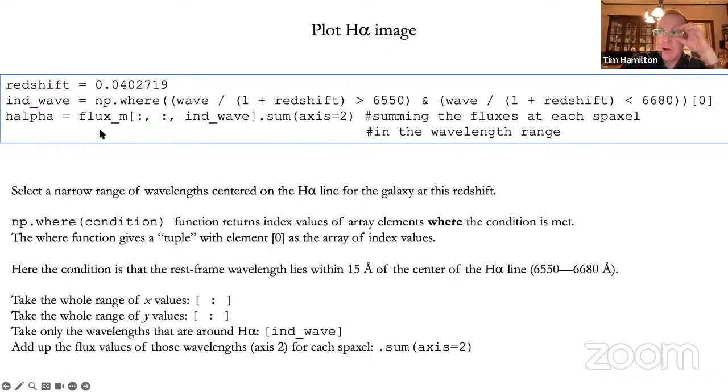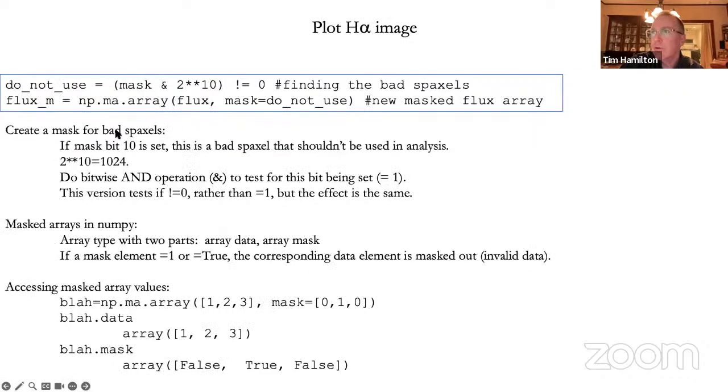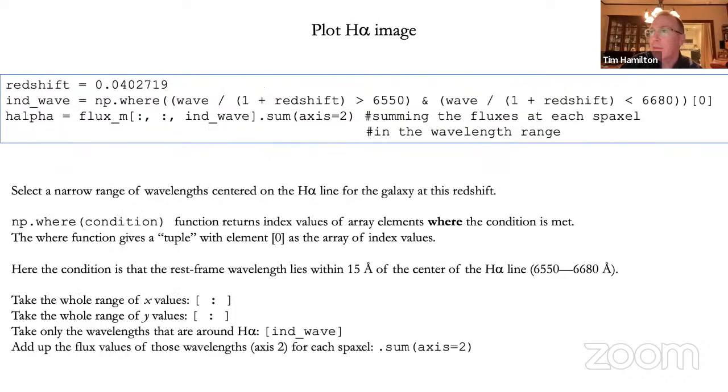All right. Now, if we want to make an image, an array that's just the flux contained within that narrow range of wavelengths, we use this format. Flux M, that's the array of flux data, but it's got a mask.